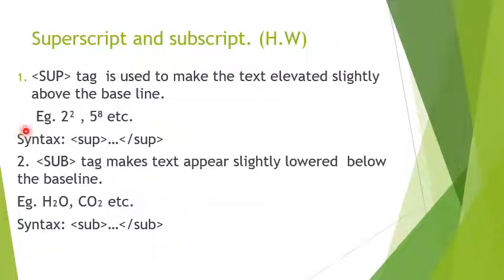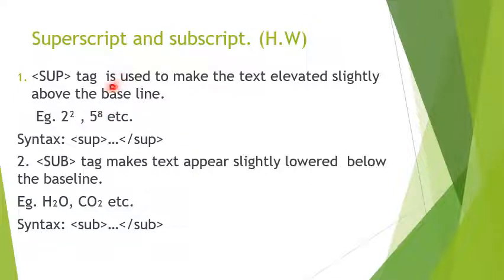Next is superscript and subscript. The superscript is actually, as we can see directly in the example, this small 2 over here, which represents the power of this 2, and this 8 over here, which represents the power of 5. These are used as a superscript.